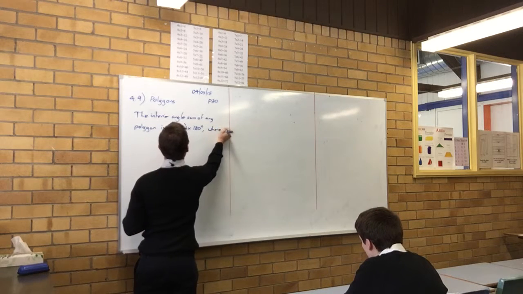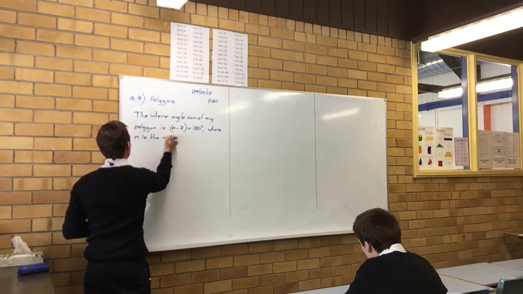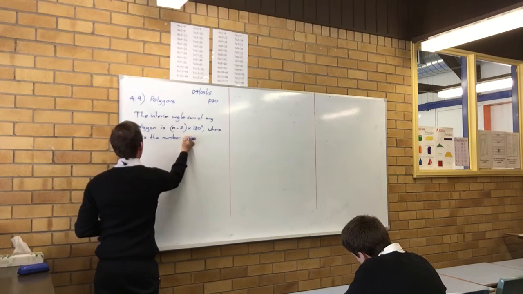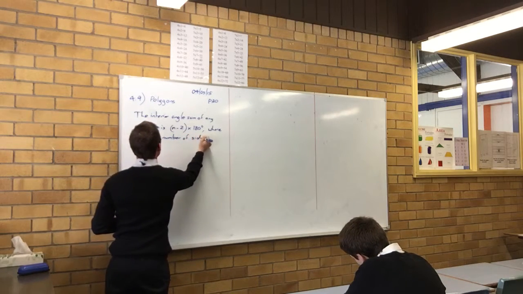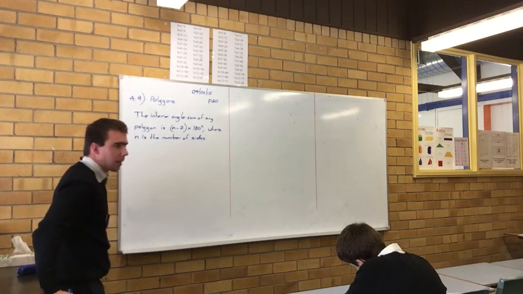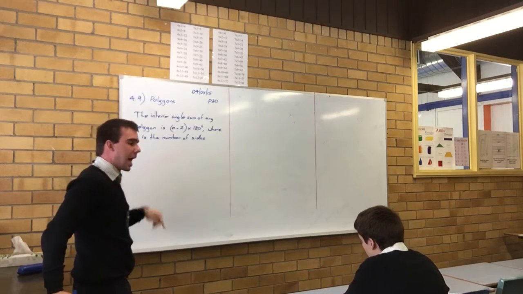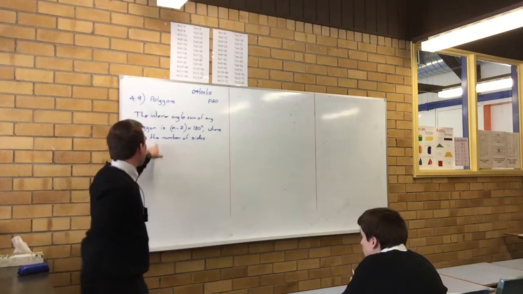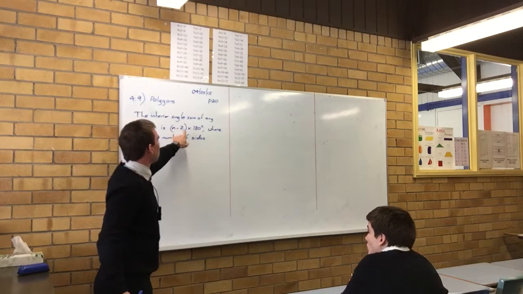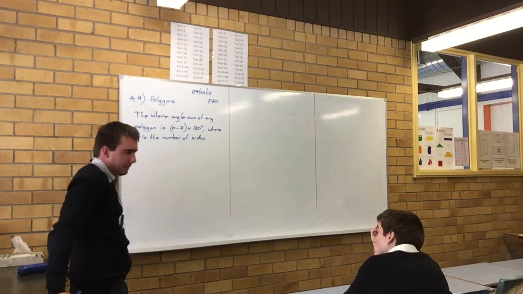Has anyone seen this formula before? No. n is the number of sides. Alright, so this is for the interior angle sum. So you add all the interior angles formed by the polygon together, and it'll be the same as the number of sides in the polygon, take away 2, and multiply that result by 180.